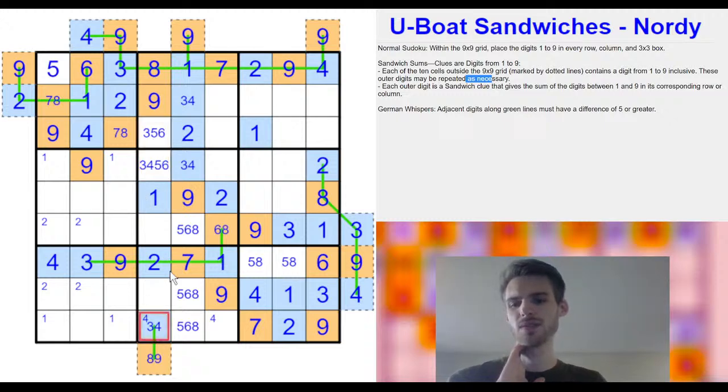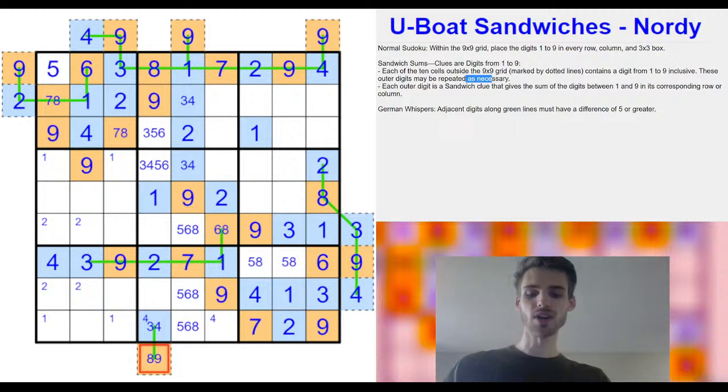Yeah, if this is a 3, this could be a 4, 5. But otherwise, this is a 4. 8 would put 3. Oh, yes, you're right. So this is a 9 always. So this can never be a 5.